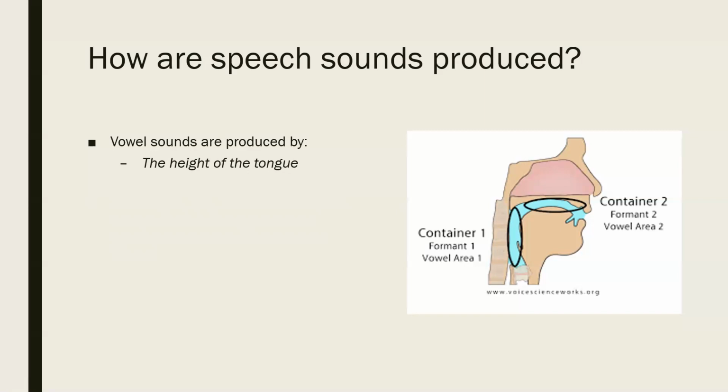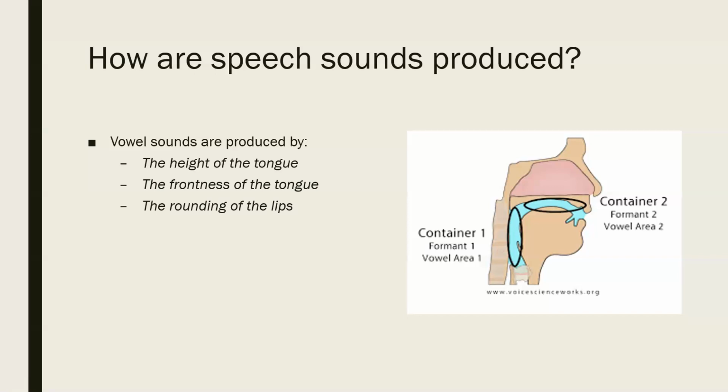That changes the resonant properties of those areas of our vocal tract, and as a result changes the sound that we actually produce. Another aspect is how far to the front of our mouth or how far to the back our tongue is located. So we can see that there are 2 dimensions of location where our tongue can move, and that results in the distribution of vowels that we're capable of producing.